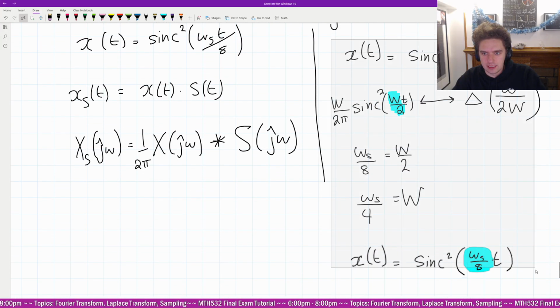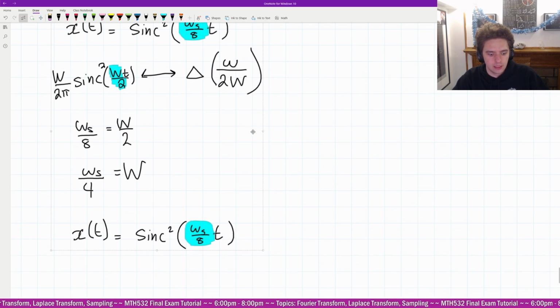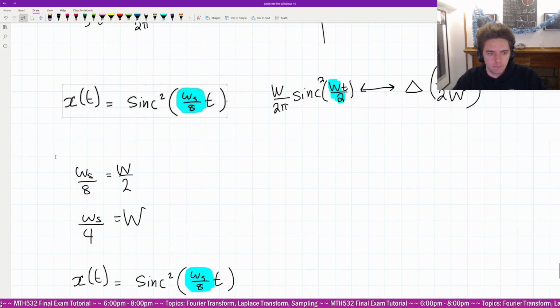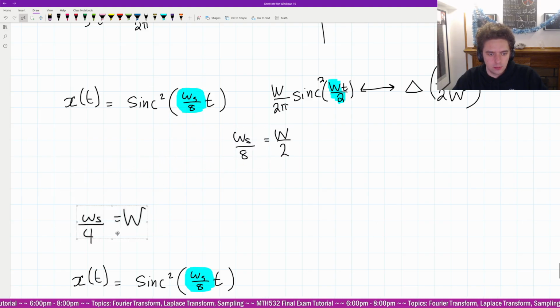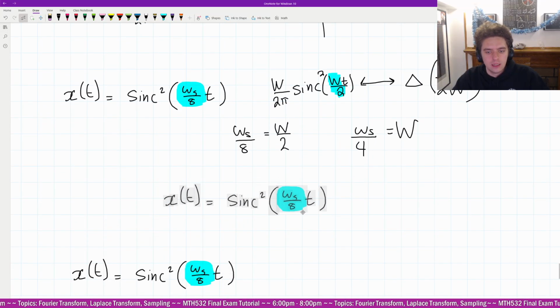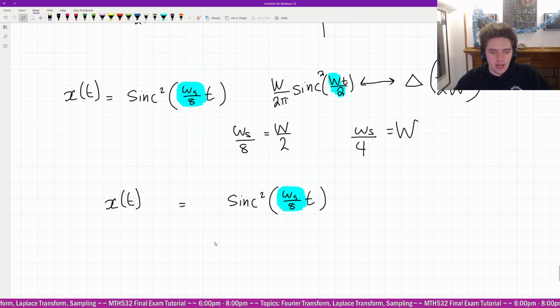You know what? This is going to take more space than I realized, so I'm going to do a little bit of this. OneNote is annoying.